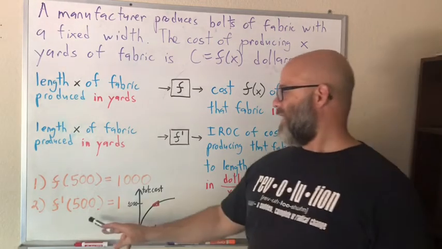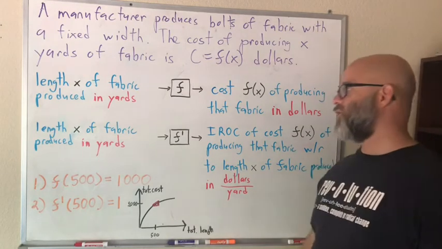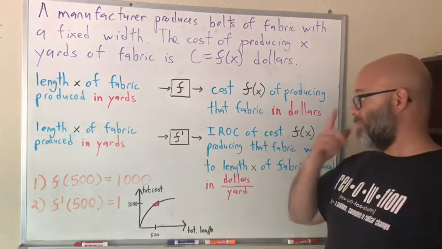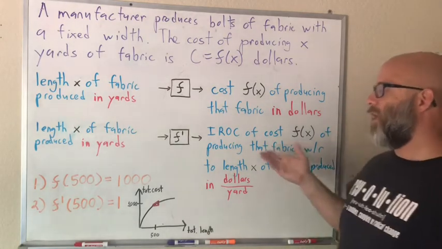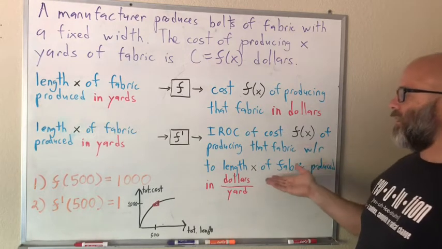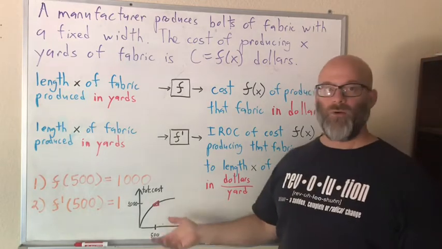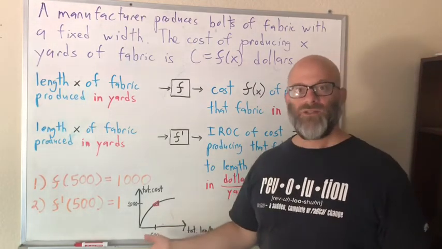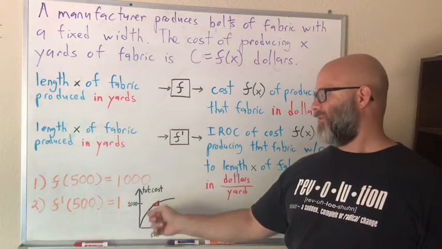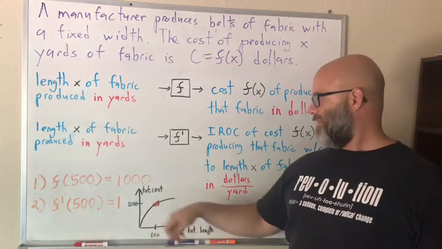Well, when I'm producing 500 yards worth of fabric, well then my cost is increasing at only about $1 per yard, which is a lot better than it was before, which is increasing at an average of about $2 a yard. Maybe here it was $5 a yard, $4 a yard, $3 a yard, $2 a yard, you know, but down over here, $1 a yard.